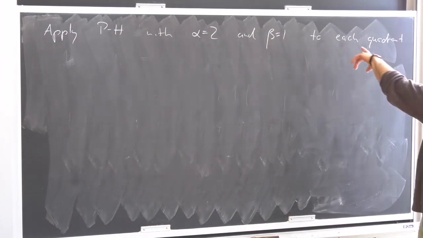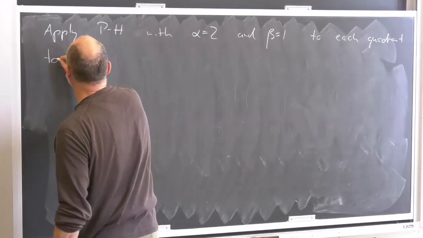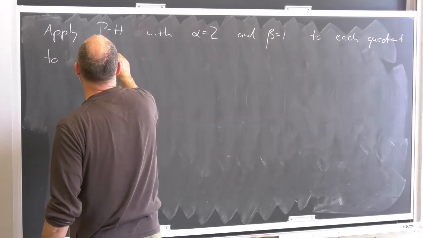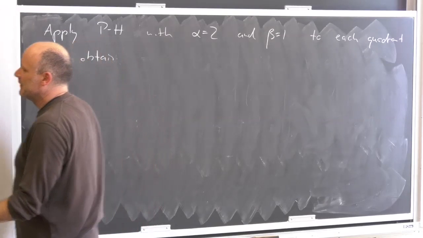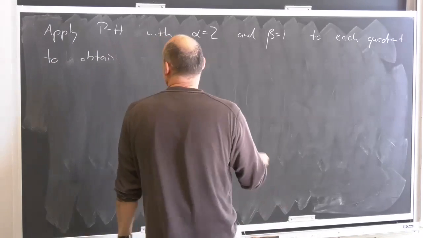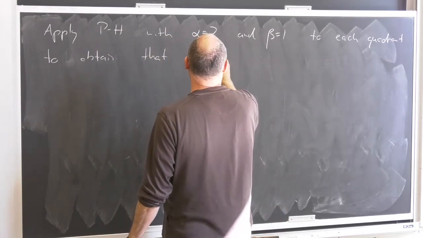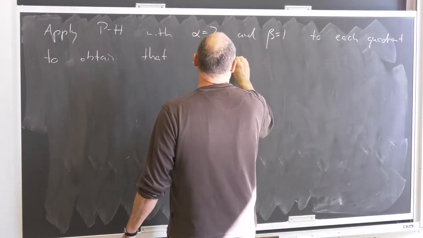So to each quadrant, to obtain, well, what do we obtain? We obtain that in this quadrant here, f is bounded by the maximum of M and N, and in the other quadrant likewise. So we get that f is actually bounded. We just don't know yet what the bound is.